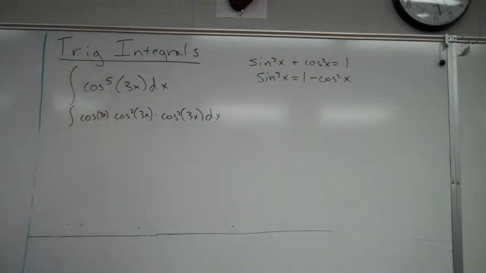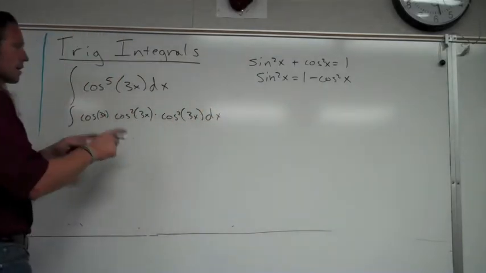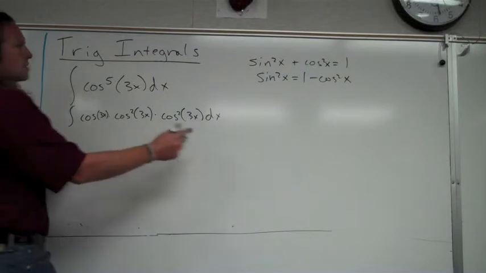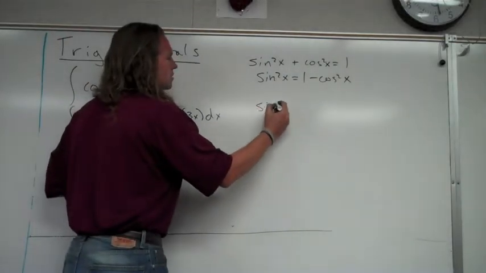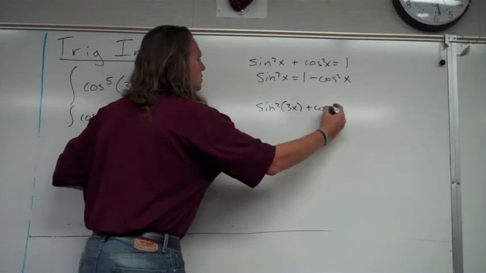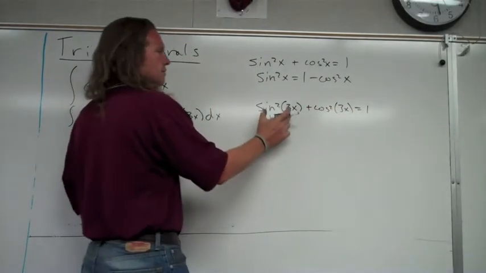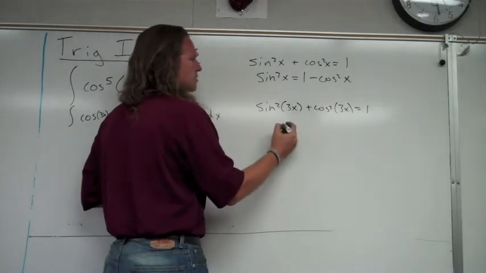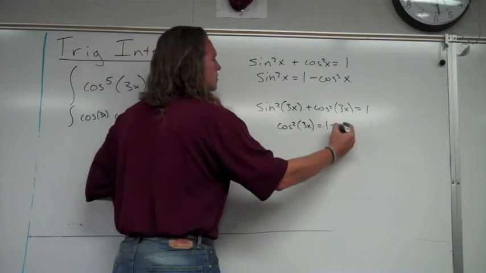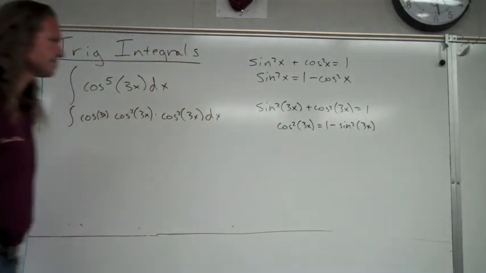Now, I'm going to go ahead and use my trig identity. The trig identity has the same rules when you have something else besides x in it. So this is still true: sine squared 3x plus cosine squared 3x is equal to 1. So I can subtract sine squared 3x from both sides to solve for cosine squared.